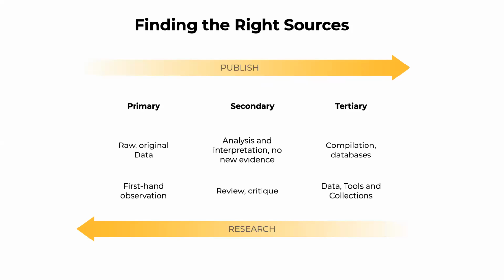Primary papers are the ones that produce raw original data, and they describe firsthand observations. The secondary is the analysis and interpretation. It does not provide new evidence, but it's more of a review of what has already been generated. And then tertiary might be compilations, databases, data tools, and collections.